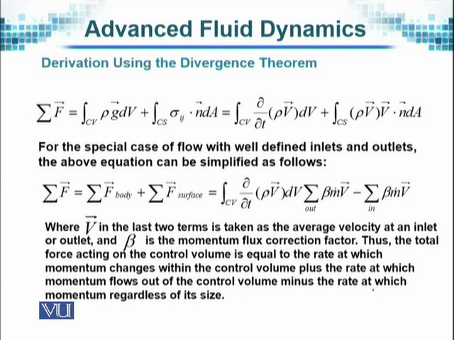The same equation, we try to derive this Cauchy equation by using the divergence theorem. You will recall Gauss's divergence theorem is very well known in vector calculus because it relates the volume integral and the surface integral. So we can convert the volume integral into surface integral or vice versa. That helps us to combine terms and to simplify our equations.